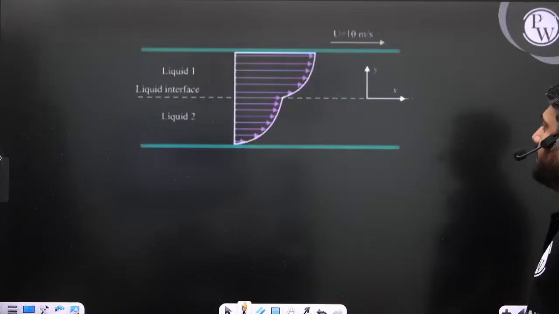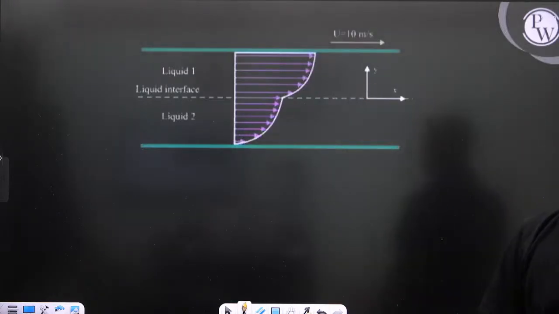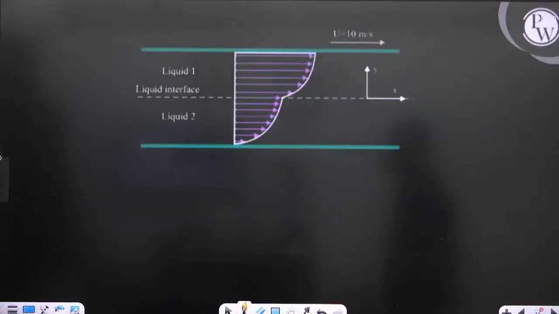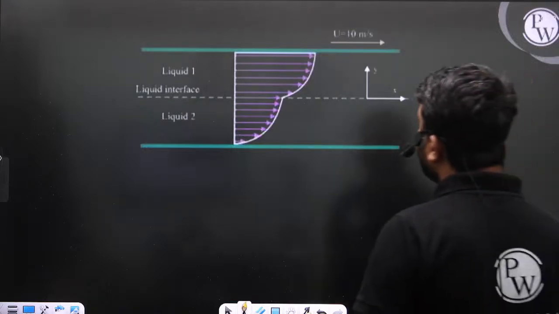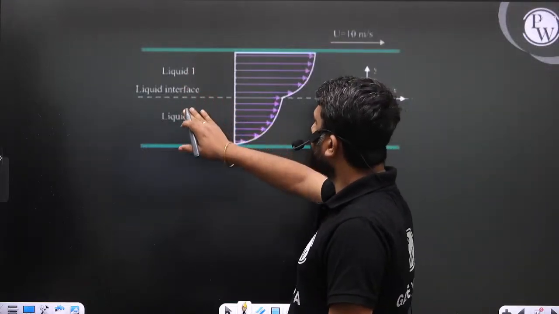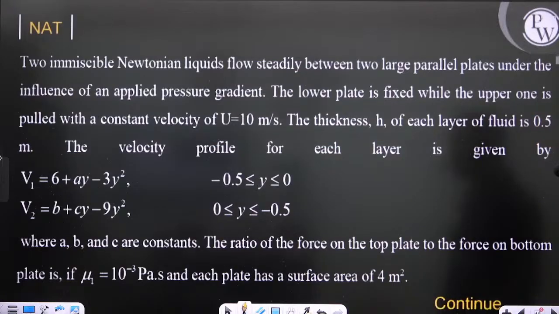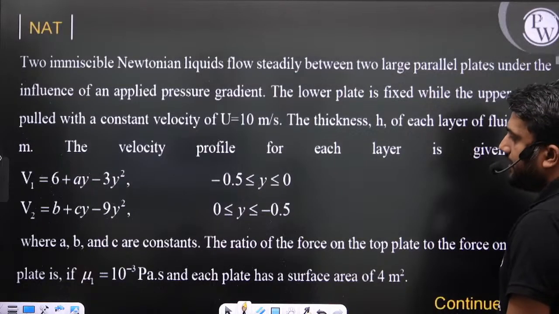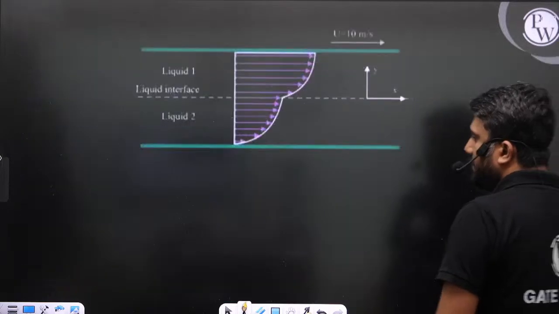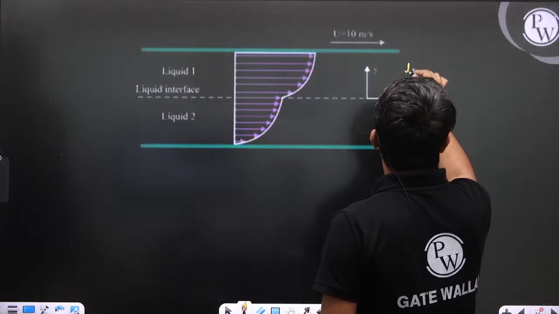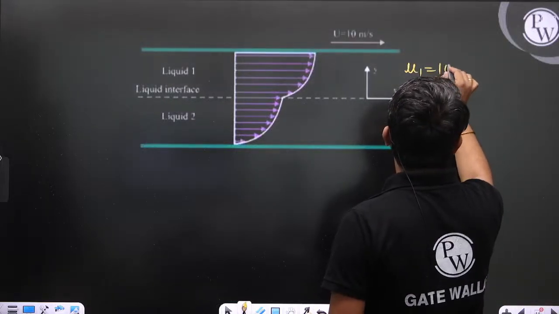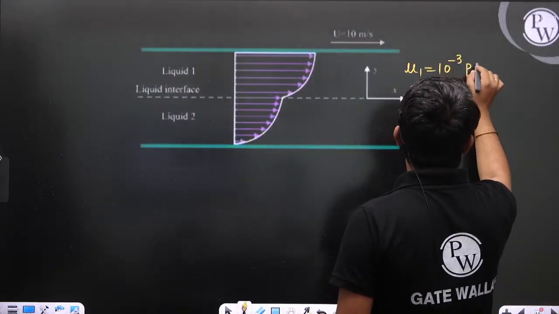So beta, this is the diagram for this particular question. This is liquid number 1, and this is liquid number 2. For liquid number 1, the viscosity is mentioned: mu1 is equal to 10 to the power minus 3 Pascal second.